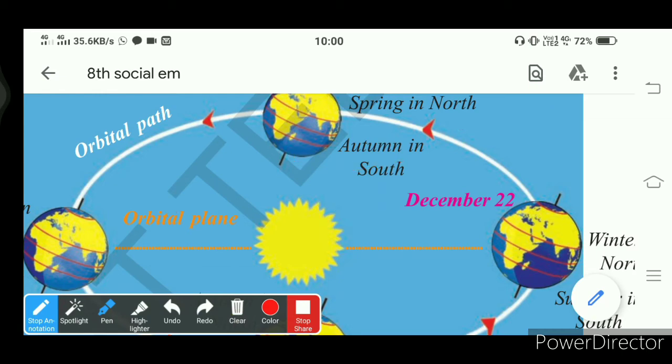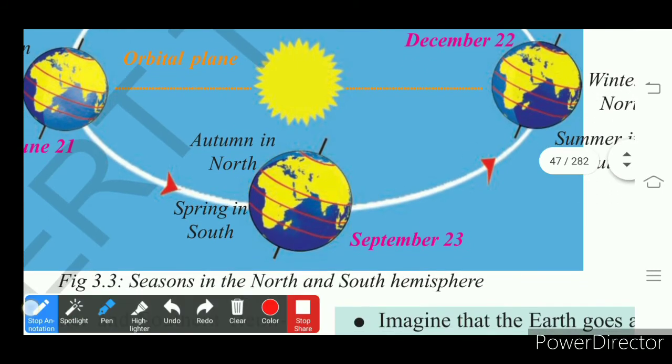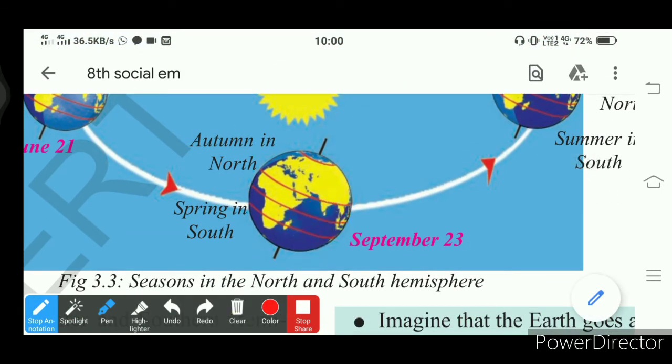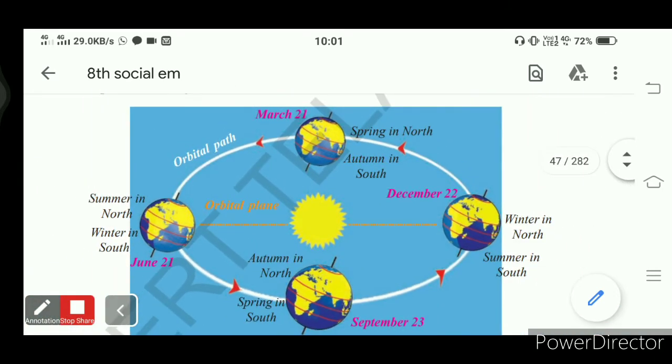When it comes to September 23rd, it becomes reversed. That is spring in the south and autumn in the north, which is opposite to March 21st. Understand? So in this way, there are differences in the seasons.